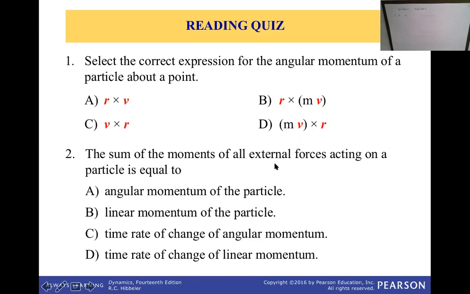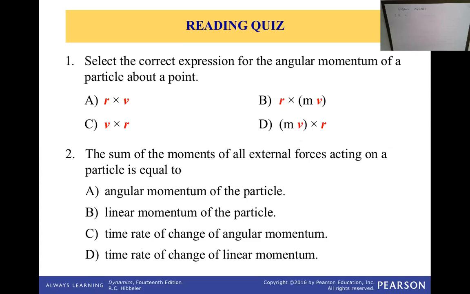The second one says the sum of the moments of all external forces acting on a particle is equal to. This refers to the principle of angular impulse and angular momentum.